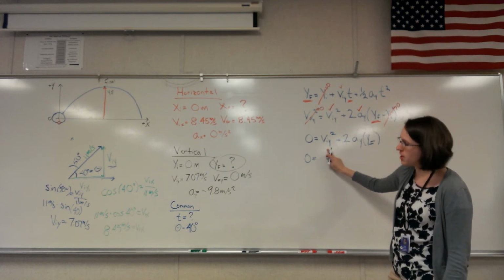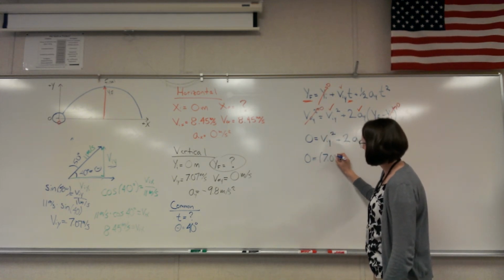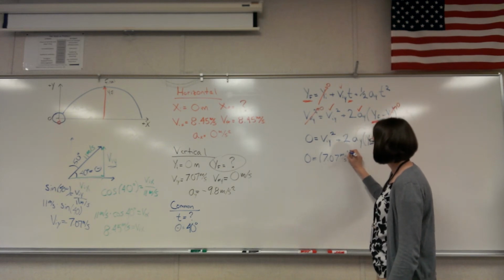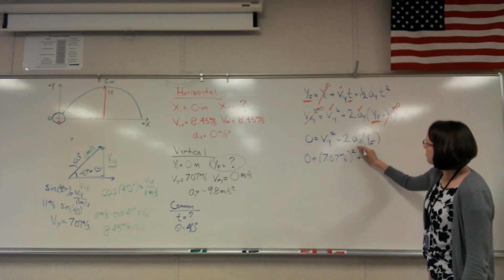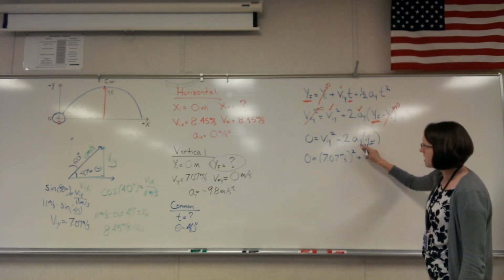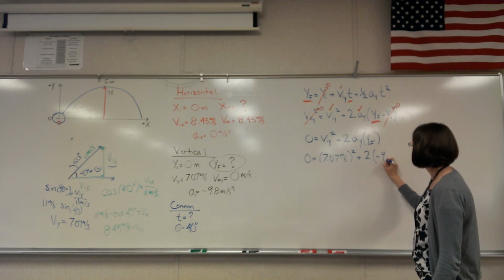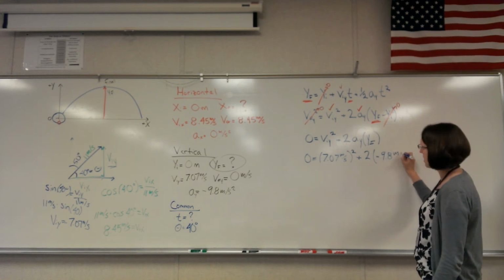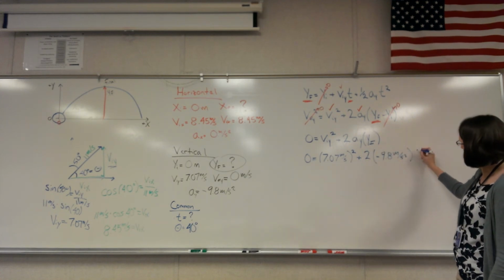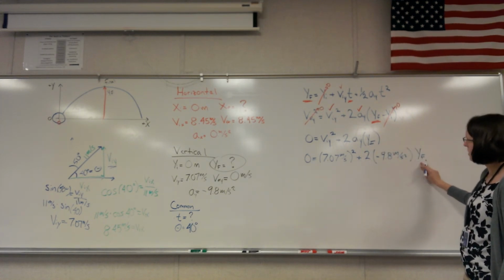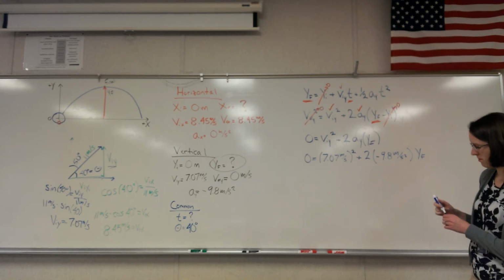Our initial velocity, that was 7.07 meters per second. We square that term. Plus 2 times our acceleration, which is negative 9.8 meters per second squared, times our final position. That's what we're looking for. So let's solve the equation for our final position.